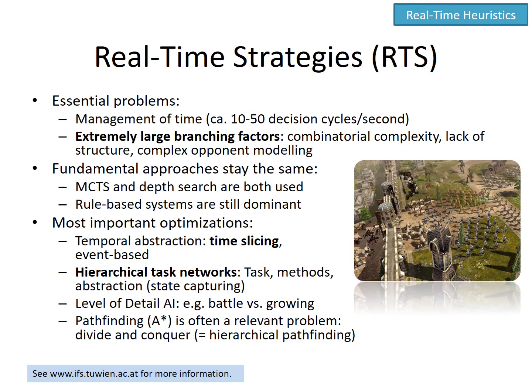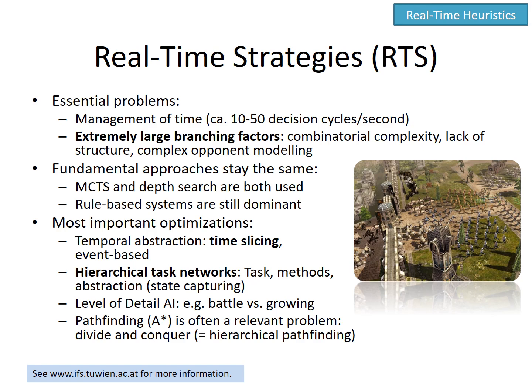Okay. A completely different area of optimization is in the real-time strategies environment, where essentially the problems are twofold. The first problem apparently is the management of time. We don't have a turn-based game anymore, but we have simultaneous movement of often large numbers of units of 2 or more players.